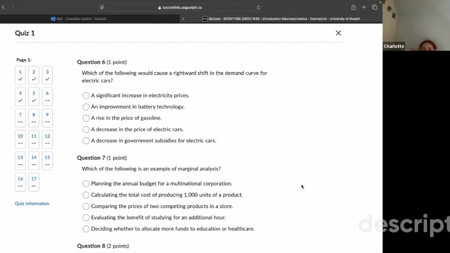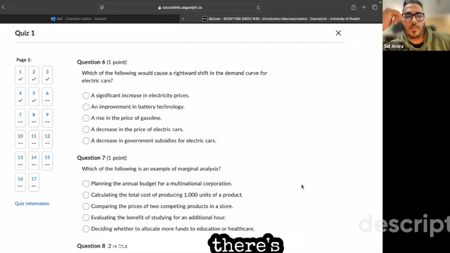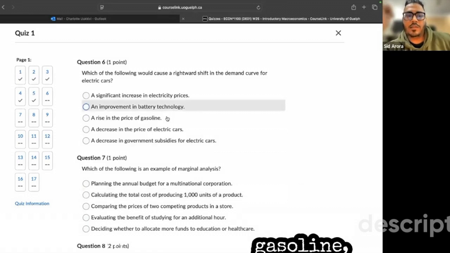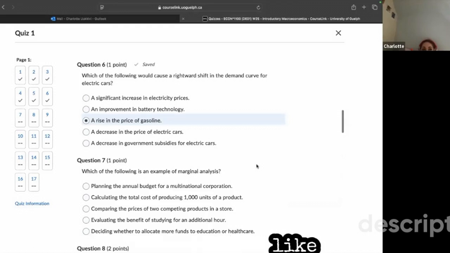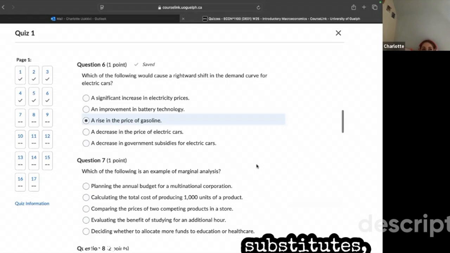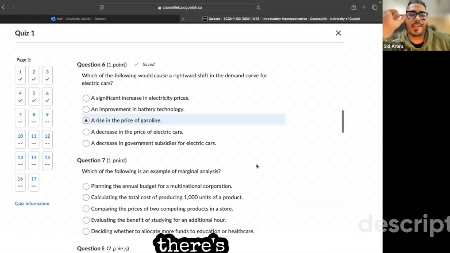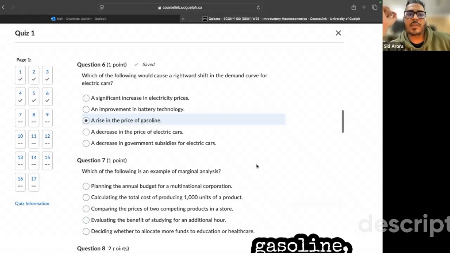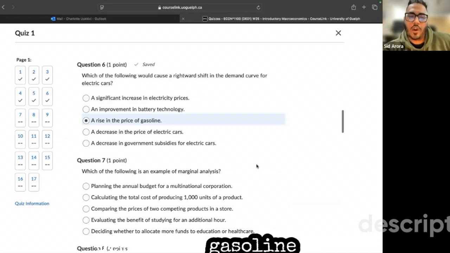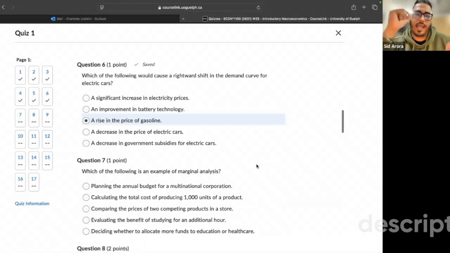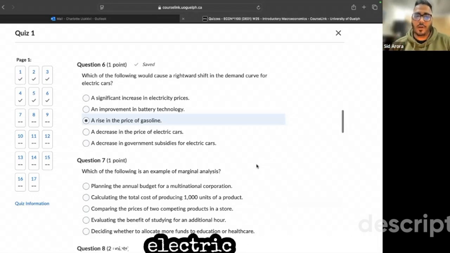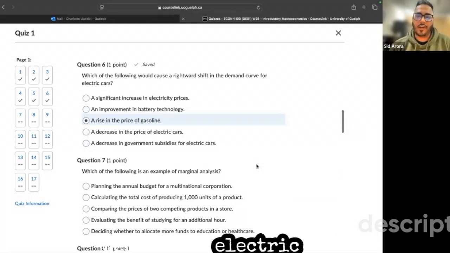Yes, the third one makes sense because if there's a rise in the price of gasoline, which category would this one fall under? Would that be availability of substitutes? Yes, this would be substitutes. So if there's an increase in the price of gasoline, what would happen to the demand for gasoline cars? It will go down. And since gasoline cars are substitutes for electric cars, if the demand for gasoline cars is going down, the demand for electric cars will be going up.